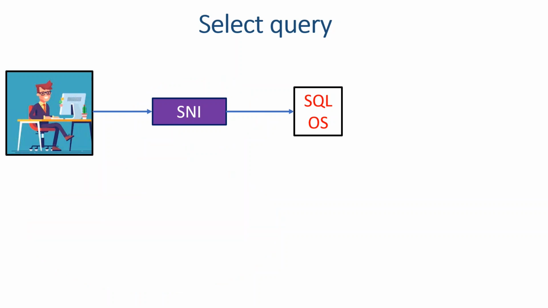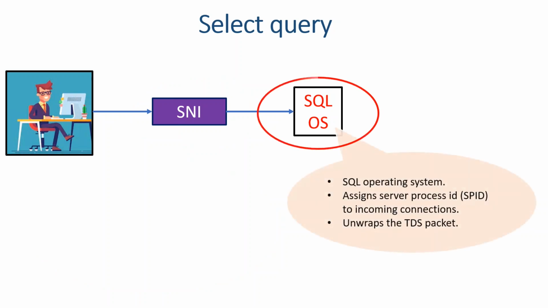Once the TDS packet has reached the SQL operating system, it will first identify that incoming connection as a SQL connection, and it will assign a SPID to it. You know the SPID, right? The SQL process ID. Whenever you run sp_who2 or sp_who, you see those SPIDs like SPID number 65, SPID number 95.